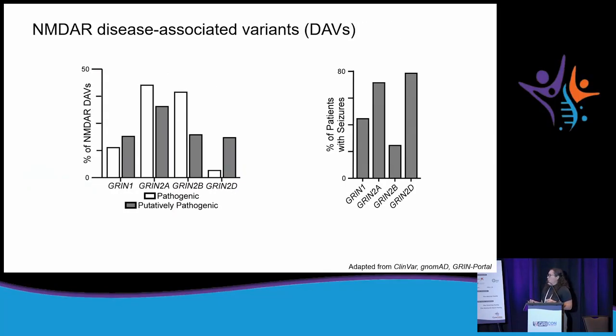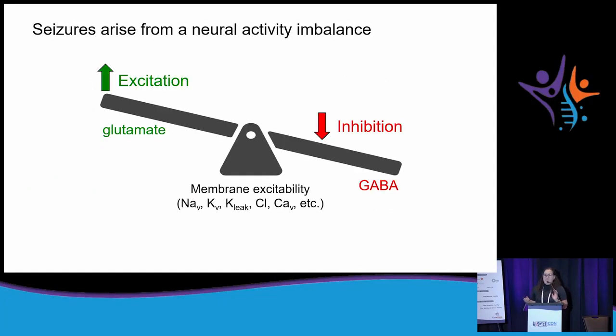Childhood seizure disorders are usually due to mutations or variants in proteins that participate in membrane excitability or synaptic transmission, including NMDA receptors, which is the focus of my work and the lab's work.